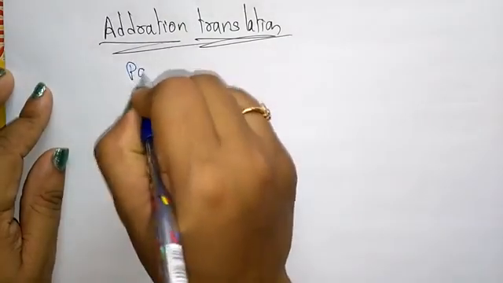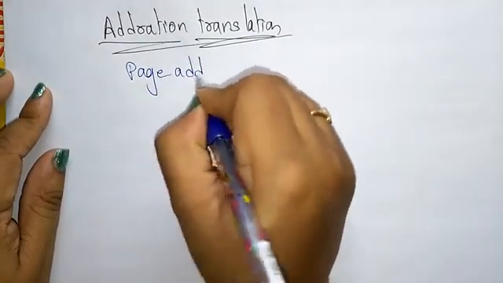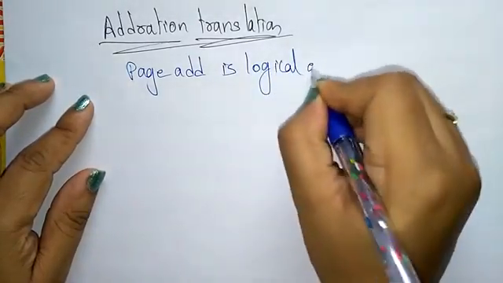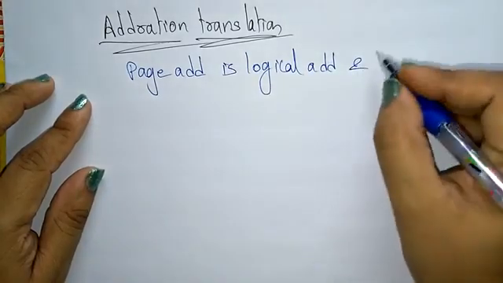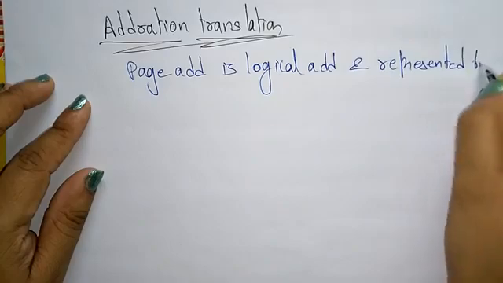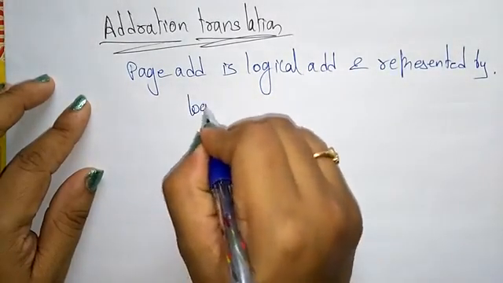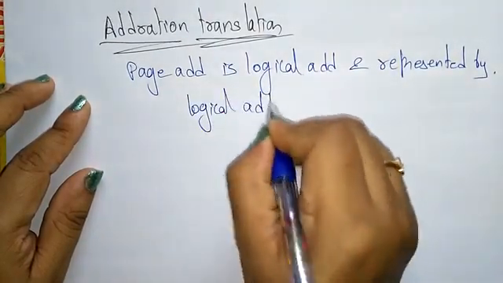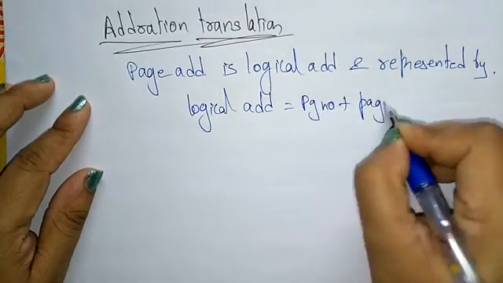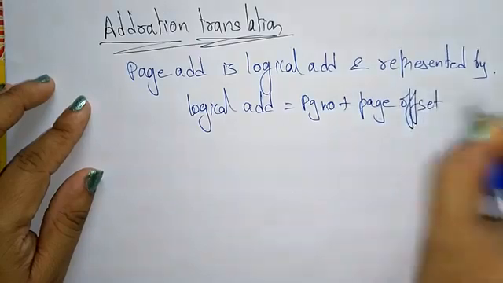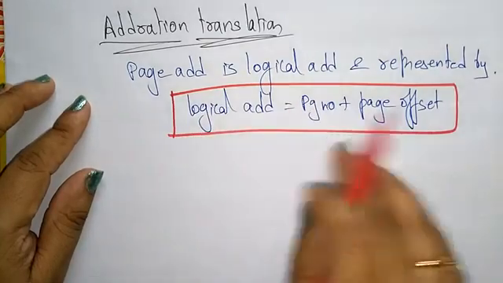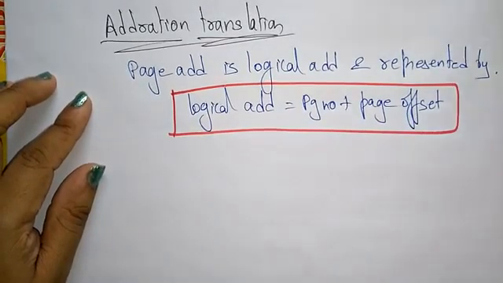Whatever pages we are storing, the page address is the logical address, represented by logical address equal to page number plus page offset. Remember that the logical address always consists of page number plus page offset.